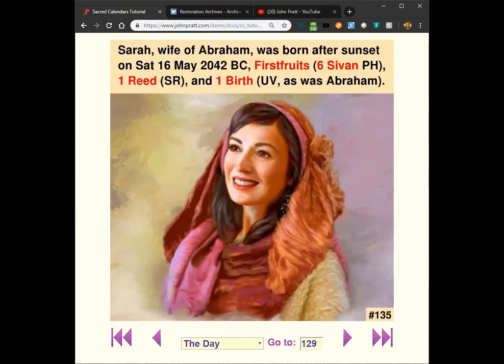When you look at Isaac, he's born, I think we might have just skipped his, maybe we'll do him next. I think we did him earlier on the Venus calendar, and we talked about the Venus pattern. He's born on the Venus calendar. Jacob is born on one birth on, I believe, a key day on the Venus calendar.